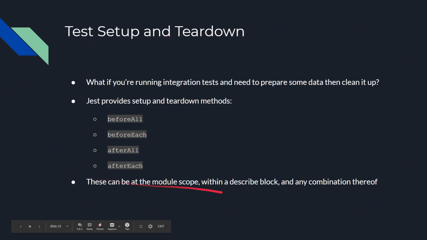Now, when we do more real integration tests, for example, let's say we're using a database, we may need to prepare some data and then clean it up after the test, to keep the environment clean. Let's say we have many tests that need to do this setup and teardown for each test.